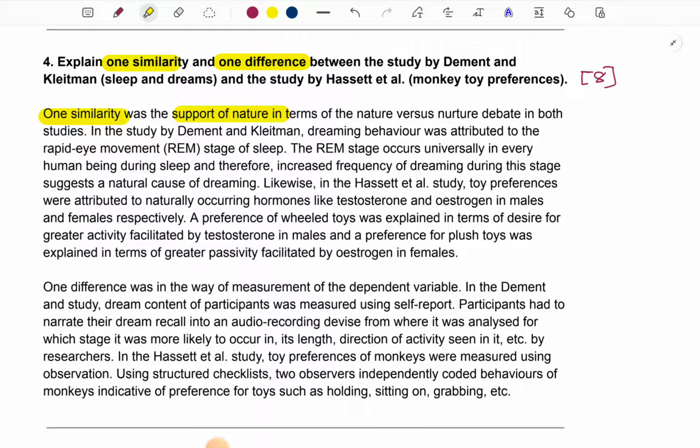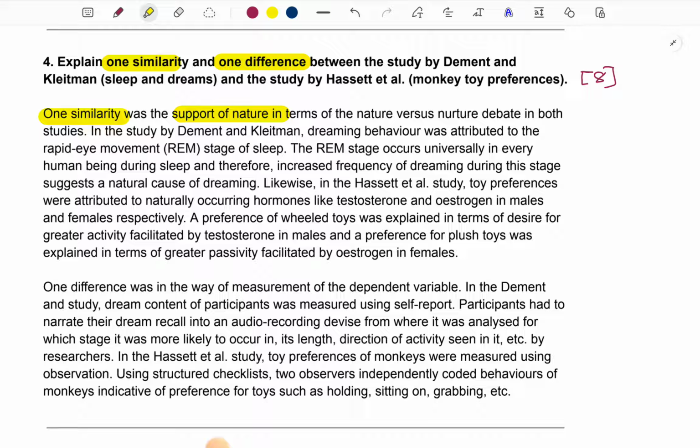Now what mistakes students would make is, after saying that they both support nature, they would give very brief reasoning for why they support nature, like because in QvYTv they were investigating sleep, and in Hassett et al. they were investigating hormones. How are you justifying 4 marks by talking so briefly? Where's the elaboration?